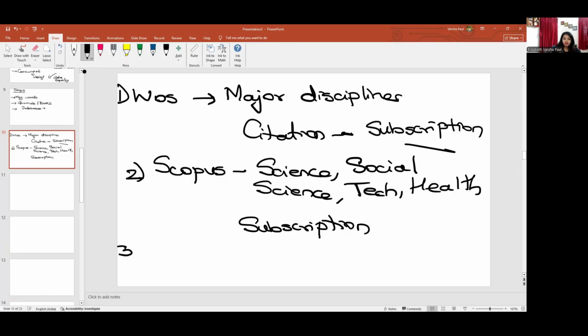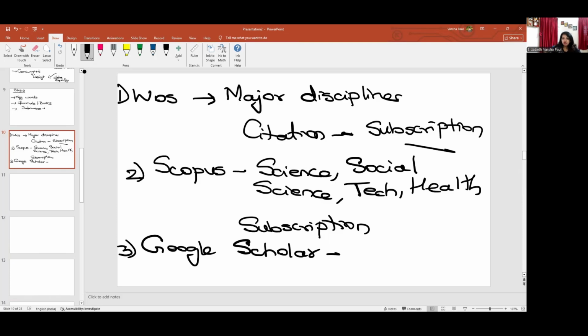The third one, the most loved, I just love Google Scholar. I feel it gives you a lot of insights. But again, there are a few journals or papers where you don't get the full access, only the abstract, so you have to keep checking.